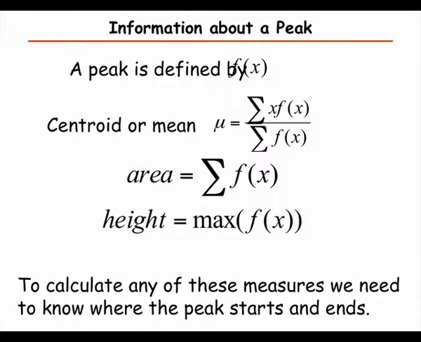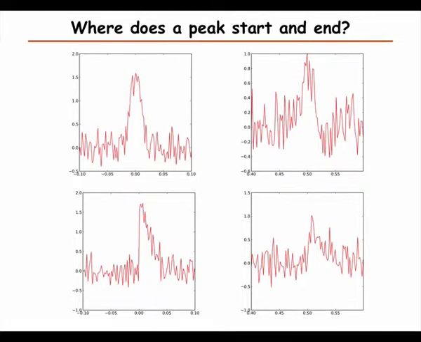We can calculate the centroid, which is simply the weighted mean, and the area and the height quite simply. The problem for these calculations is to actually define where the peak starts and ends. That's always the tricky part, because it's not always very clear.